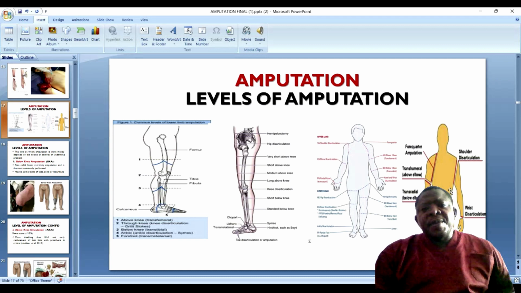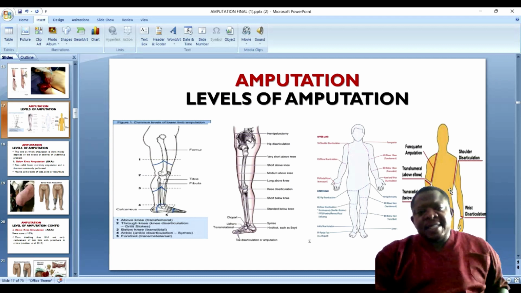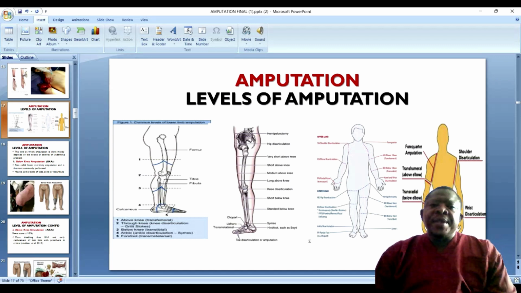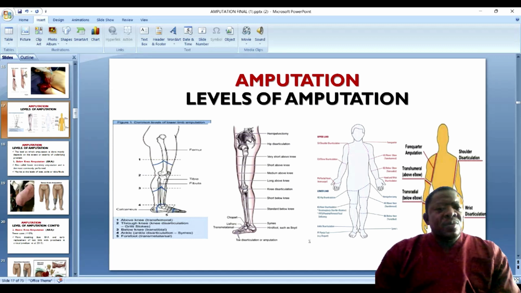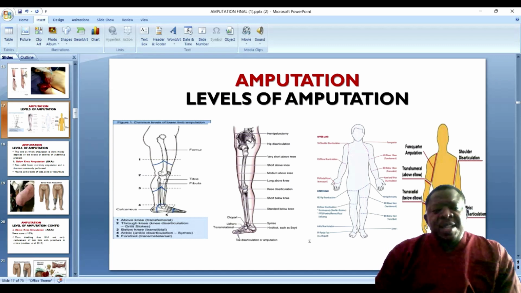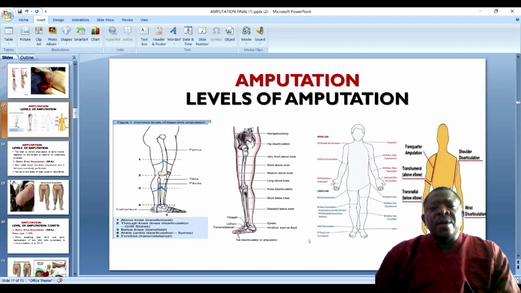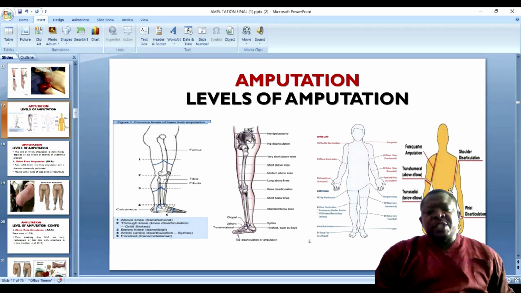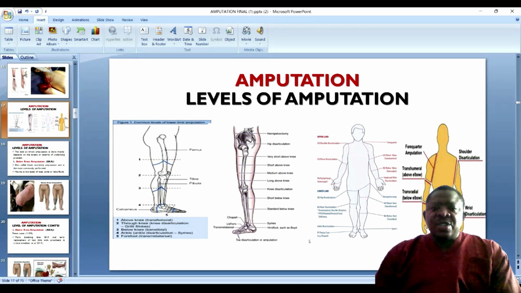The bone that you find within the thigh is the femur. So that will be called trans, meaning through, femoral amputation. That is amputation that is done above knee. It passes through the femur.